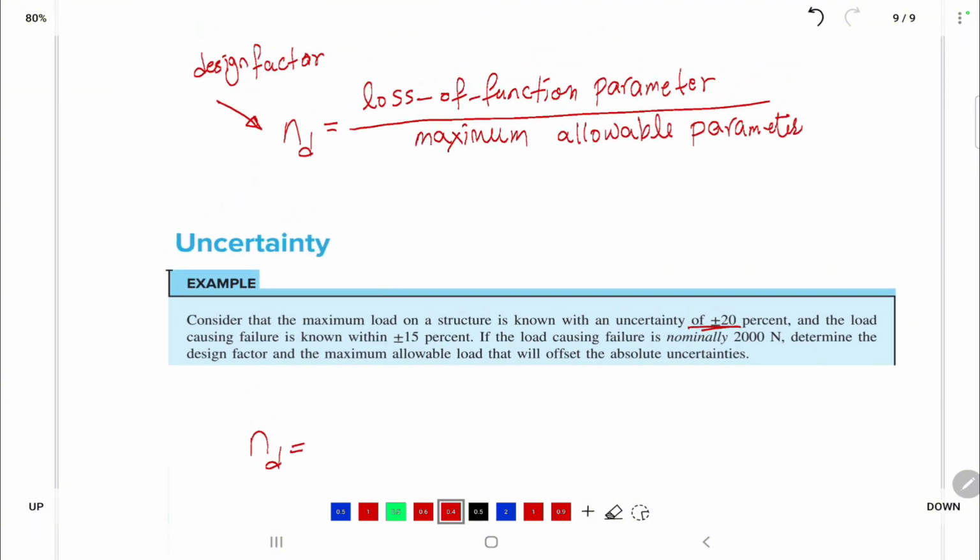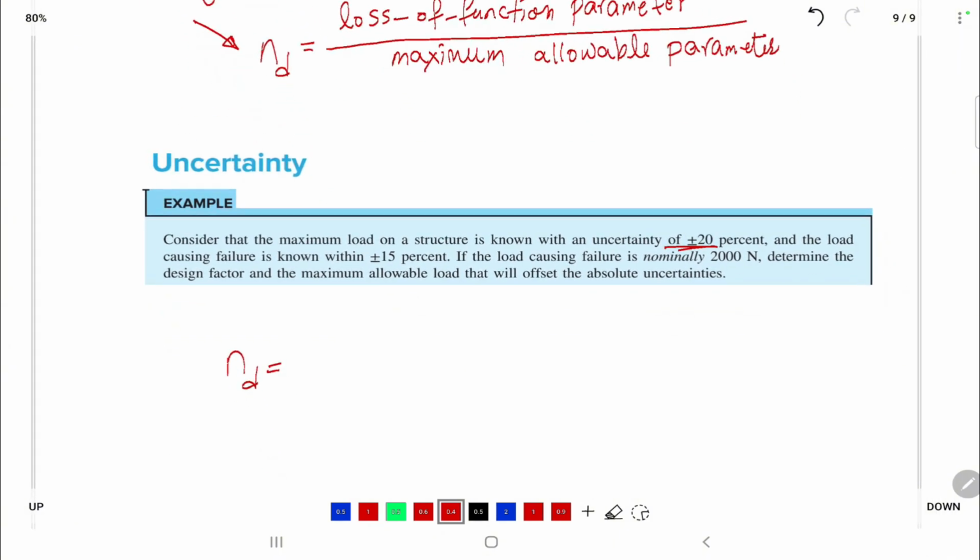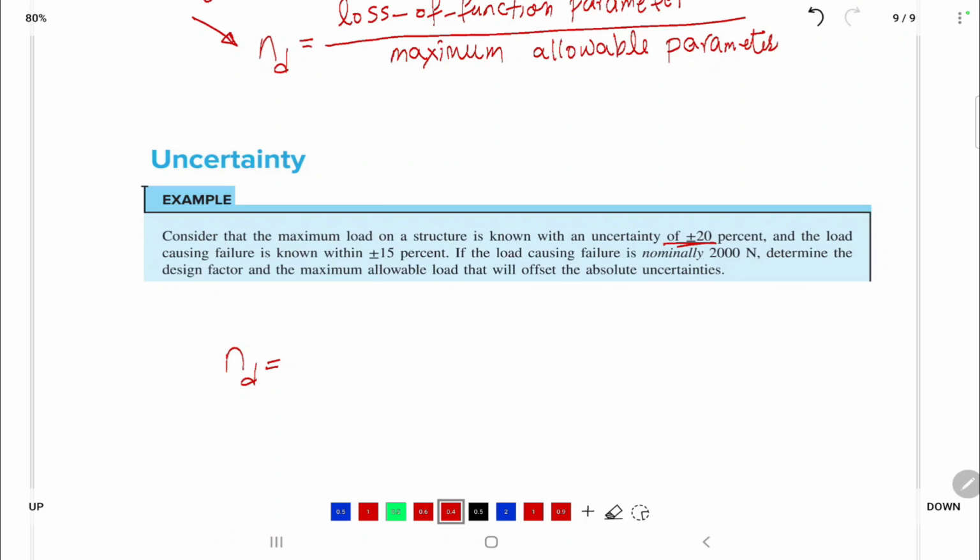Okay, as we defined it, n sub d is the loss of function parameter. The load causing failure is known within 15%. So this will be 1 over 1 minus 0.15, which is the 15%.